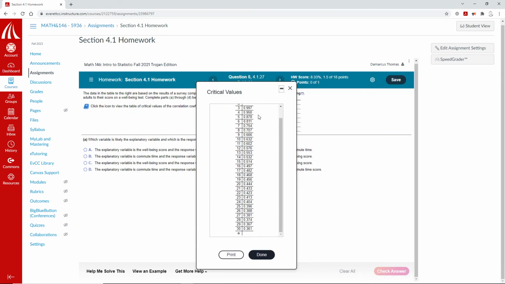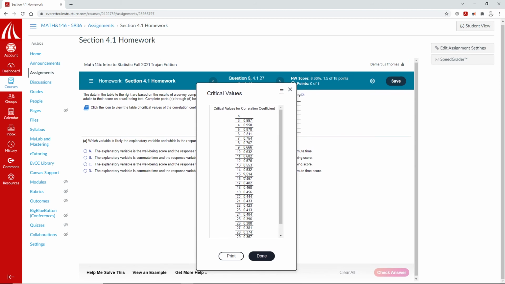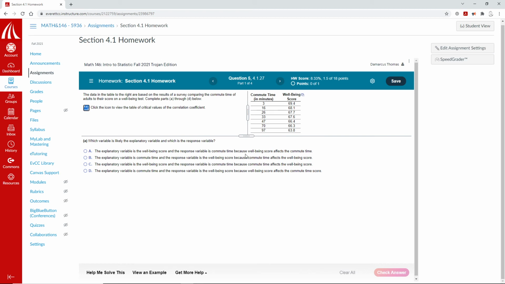Here's our data again, giving us the different critical values. This could be helpful when you want to answer certain questions. Which variable is likely the explanatory variable and which is the response variable? Well, I will say that whenever you're dealing with time as one of the variables, 99% of the time it is going to be the explanatory variable.